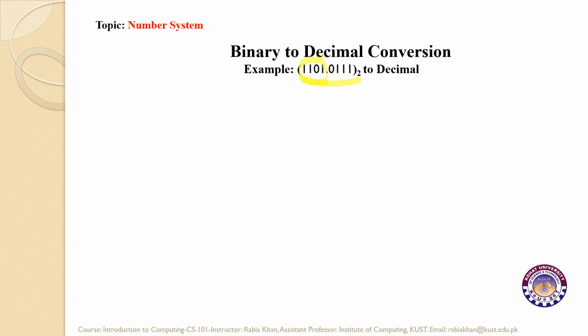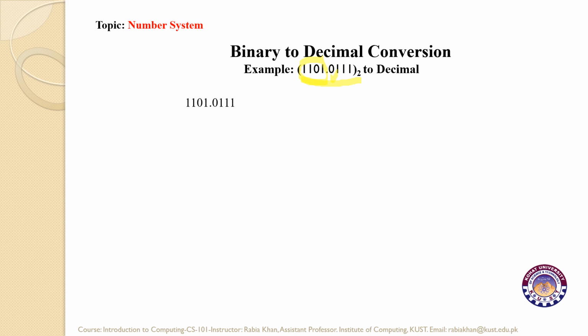So we need to perform conversion as per the first method, in which we multiplied every single digit, starting from the right, with 2, and the power of 2 starts from 0 and so on. While the fractional part starts from the left, from here, and it is multiplied by 2, while the power of 2 starts with minus 1.